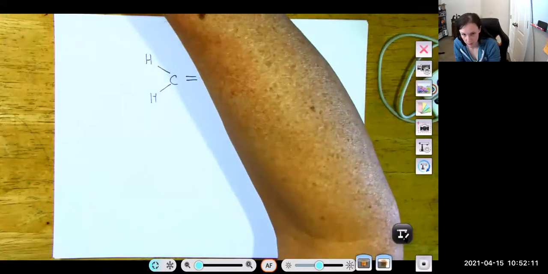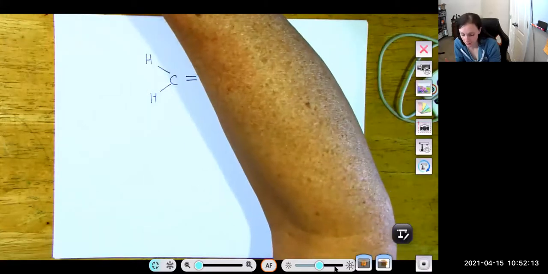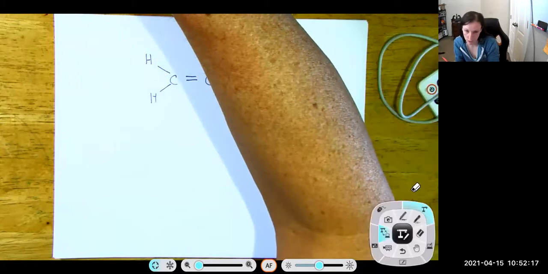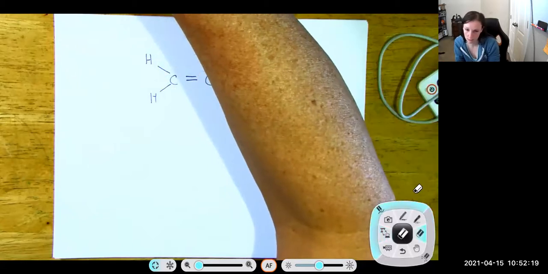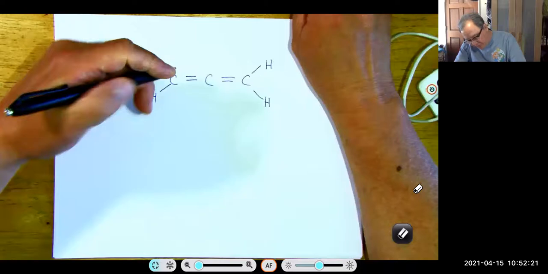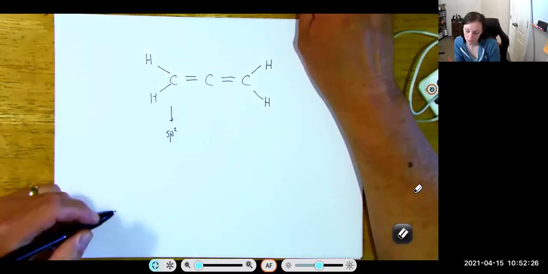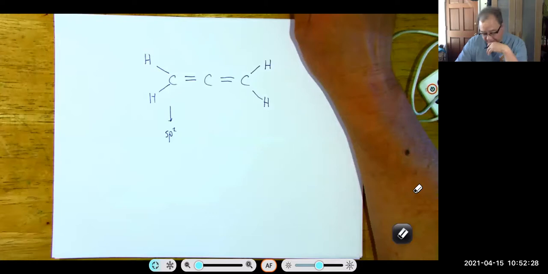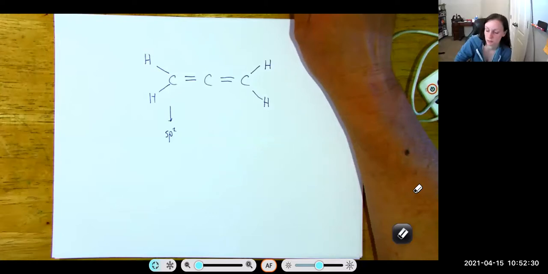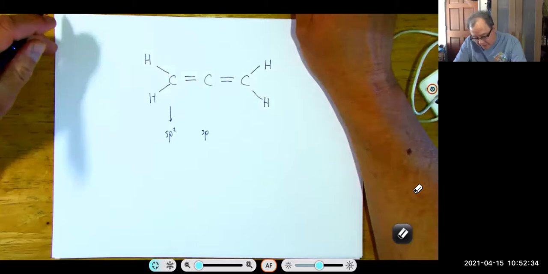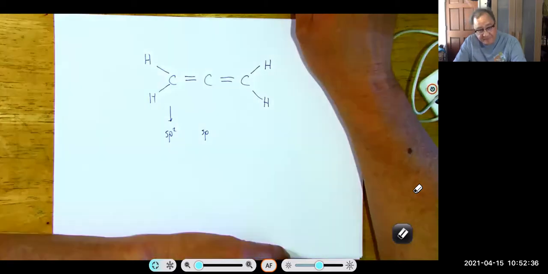The first carbon is trigonal planar, so it's sp2, so 3 sp2 bonds. How about the second carbon, or middle one, if you want to call it that? sp, so it's linear. How about the last carbon? sp2.